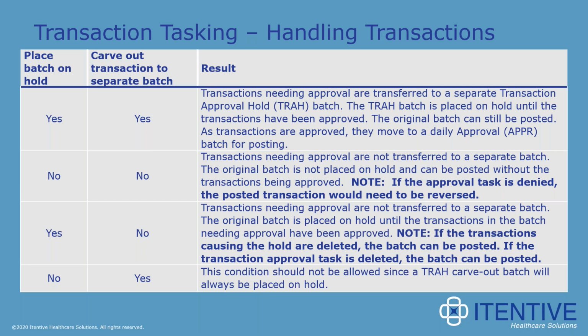And again, the no, yes condition should not even be allowed. There's no reason if you're going to put the batch on hold not to carve it out to a separate batch. So if you are going to place it on hold, it's going to carve that out into a separate batch, unless you put the whole batch on hold.